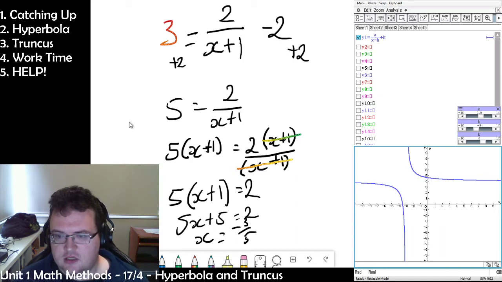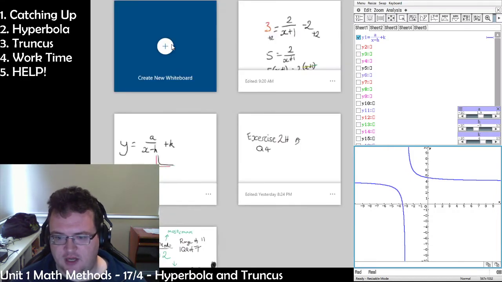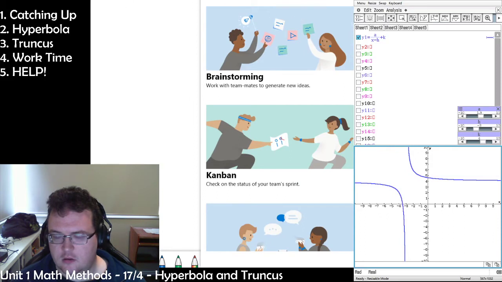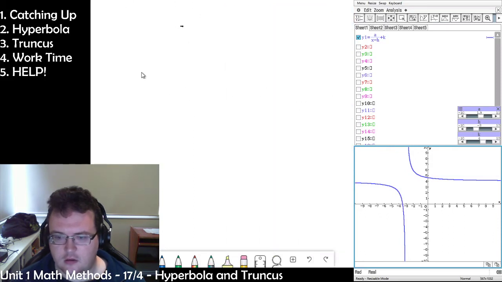Alright. So this can also be used to find intercepts. Remember, if the graph hasn't been translated left or right, up or down, there aren't going to be any intercepts because remember the asymptotes are on the axes. So what we need to do then is go back and solve them in a way.